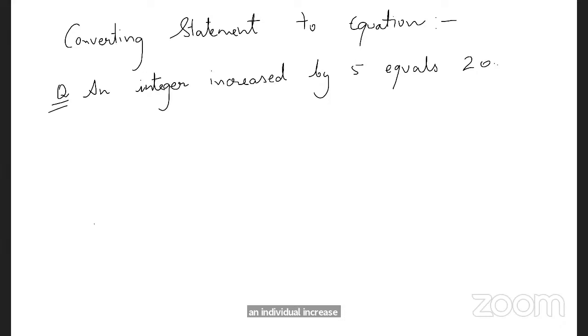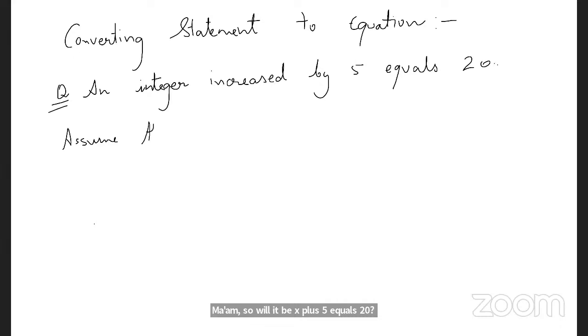Okay, so what do we do? See, now when we are given an integer, plus 5 equals 20. So the unknown value that we don't know, we'll assume it as x. Ma'am, so will it be x plus 5 equals 20? Yes, x plus 5 equals to 20.